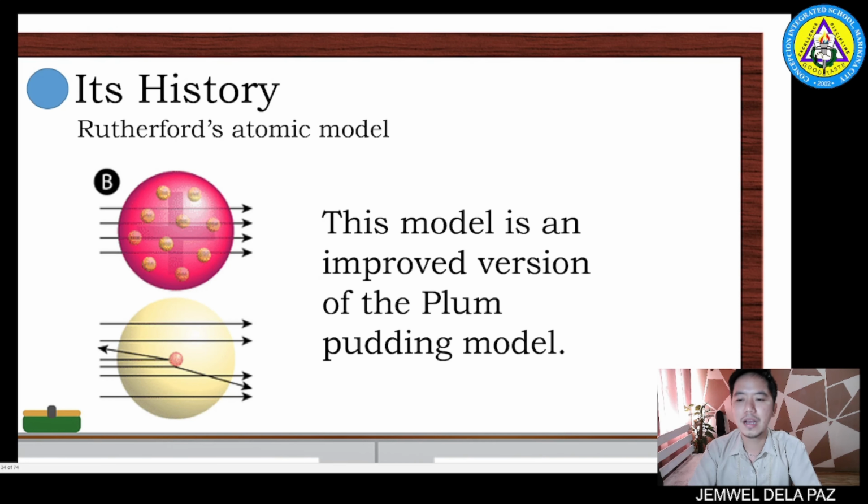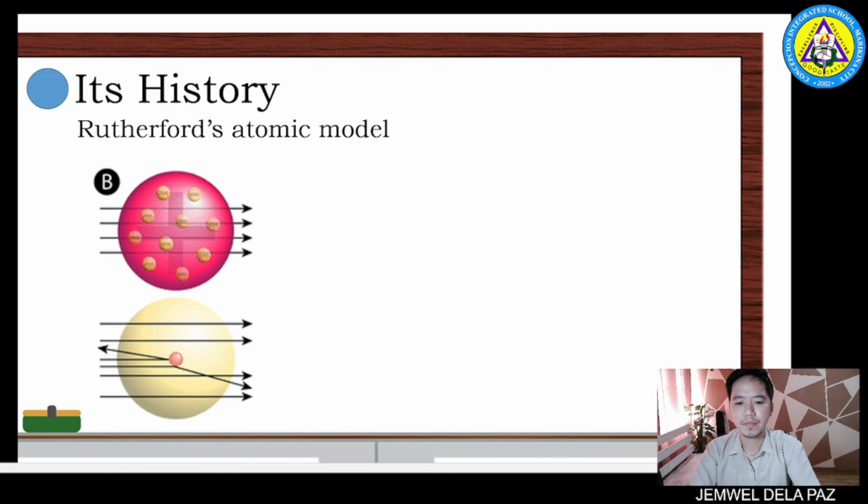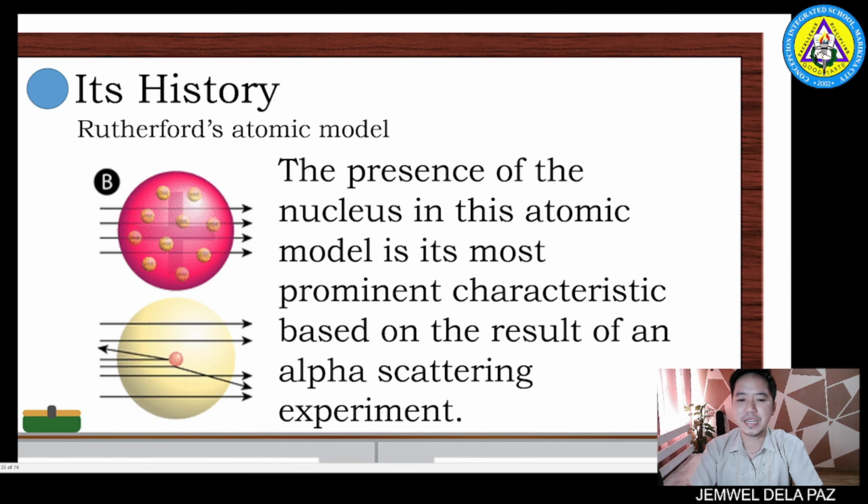So therefore, Rutherford thought that there must be something changing the direction of the alpha particles, which eventually he called the nucleus. The presence of the nucleus in Rutherford's atomic model is its prominent characteristic based on the result of the alpha scattering experiment.